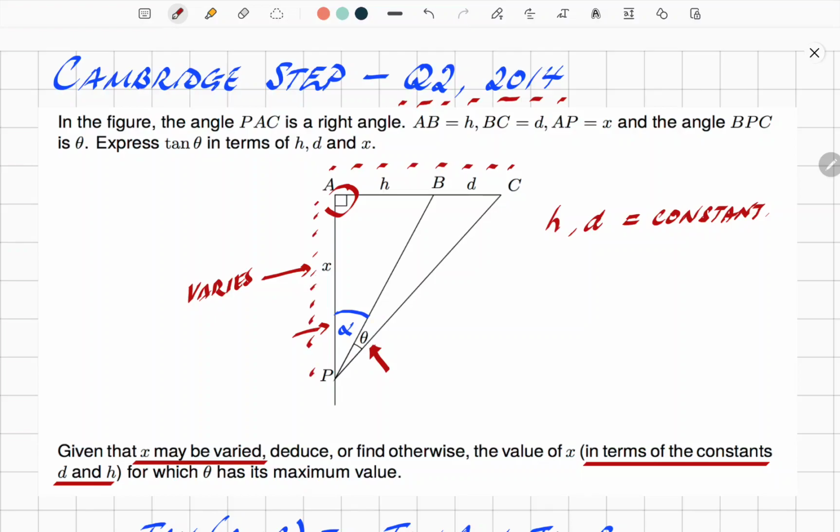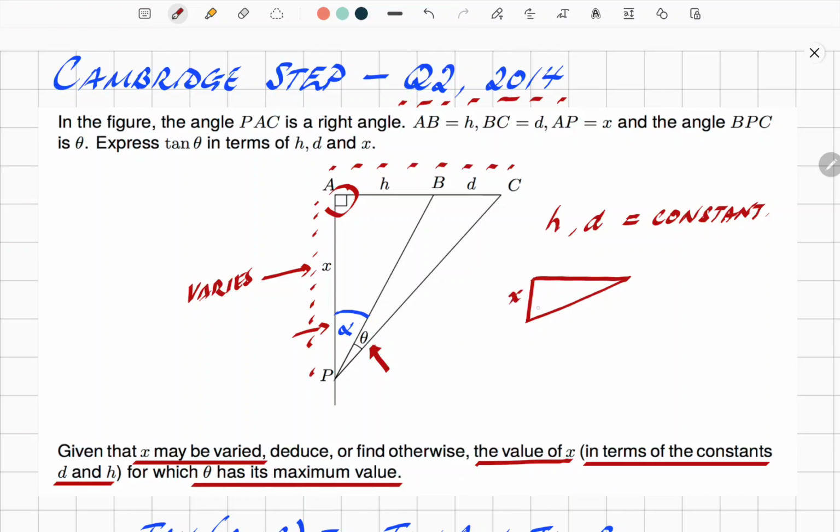Now, I want to illustrate something. The question is aiming for a value of x that maximizes theta. Without looking at it too deeply, you could be forgiven for thinking that if you just make x as short as possible, then theta gets maximum.